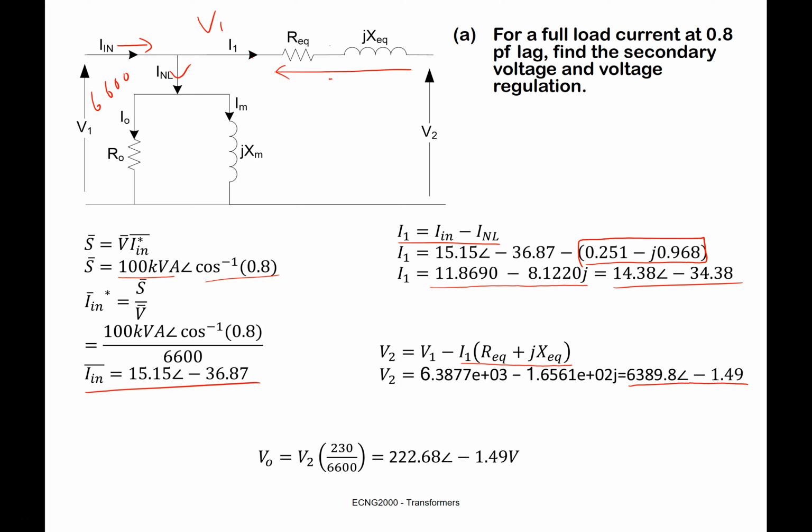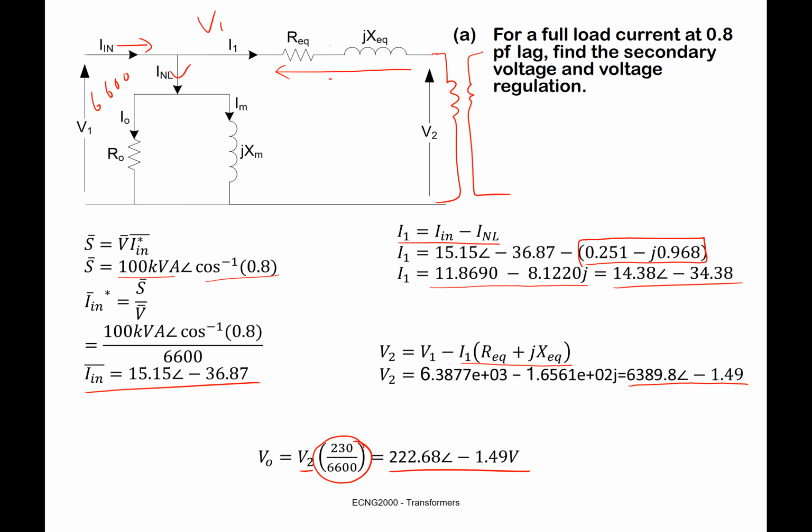Next, I want to find the output voltage. So I simply multiply that answer by the turns ratio. I'm going to the 230 volt side, so that gives me 222.68 angle minus 1.49 volts. And that is the end of this part of the question.